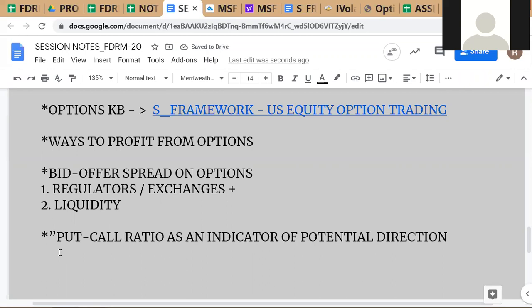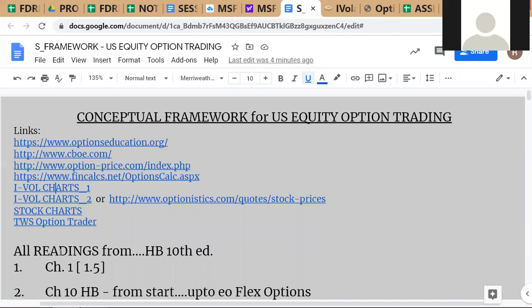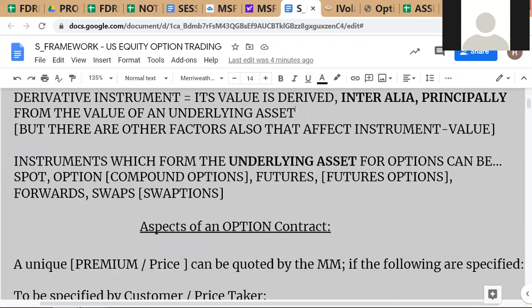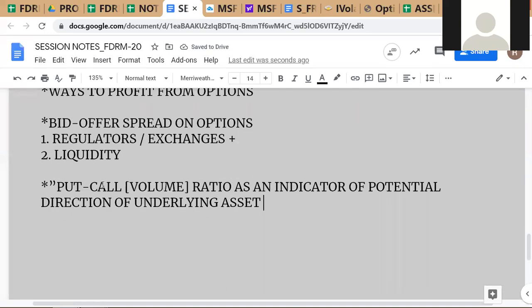We refer to it as put call ratio, but it really should be called put call volume ratio, as an indicator of potential direction of the underlying asset. Okay, so that's what he's talking about.